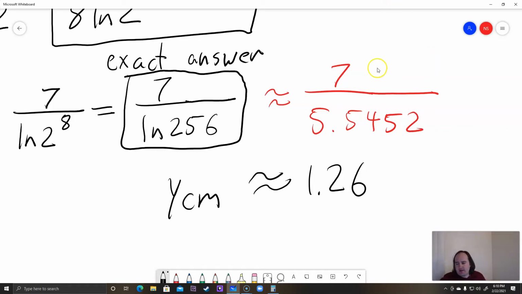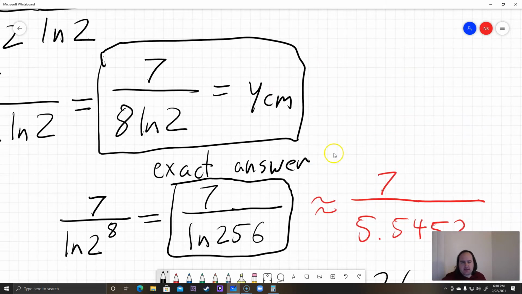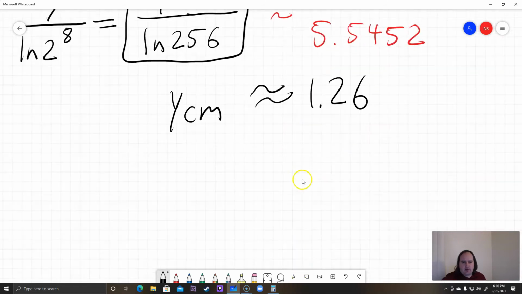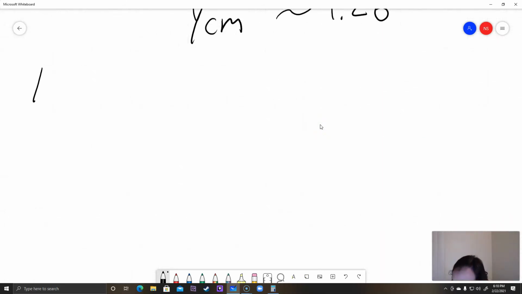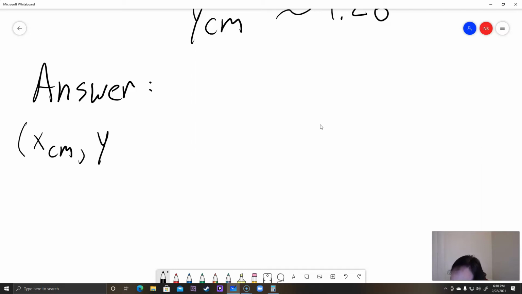For our final answer, remember the center of mass is actually a point. So we're going to be writing it as an ordered pair: x center of mass, comma, y center of mass. So xcm, comma, ycm. Or in some books, they call it x bar, comma, y bar.